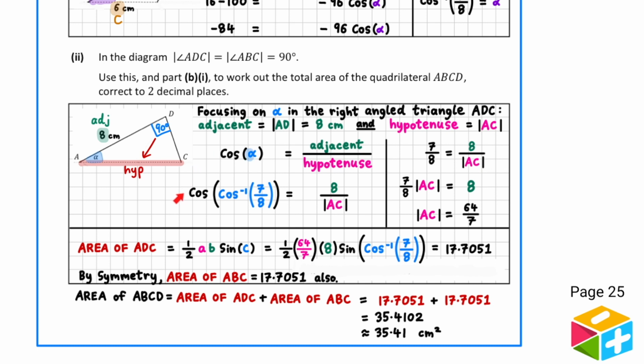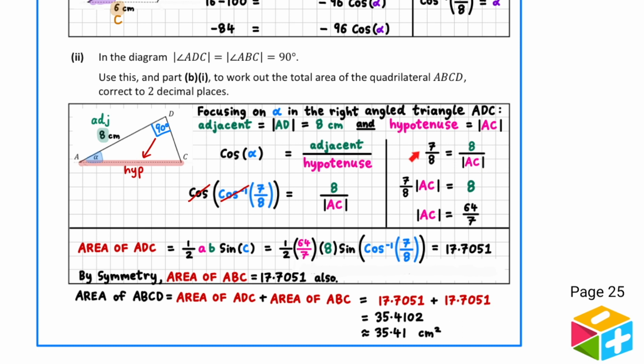In the previous part of the question, we found that alpha is equal to cosine inverse of 7 over 8. We've shown that the adjacent is 8 and that the hypotenuse is the side AC. Some nice cancellation happens on the left. The cosine will cancel the cosine inverse, so we're left with 7 over 8.